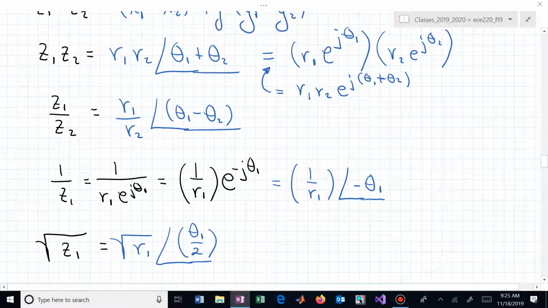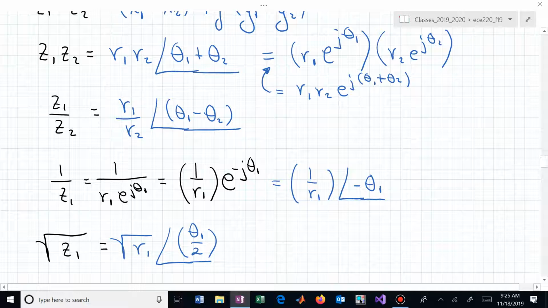Likewise, if we want to take the square root of a complex number, if it's in polar form, that's a little easier to think about. Now we just take the square root of the length of that vector and we halve the angle, divide it by 2. And that's now the square root.